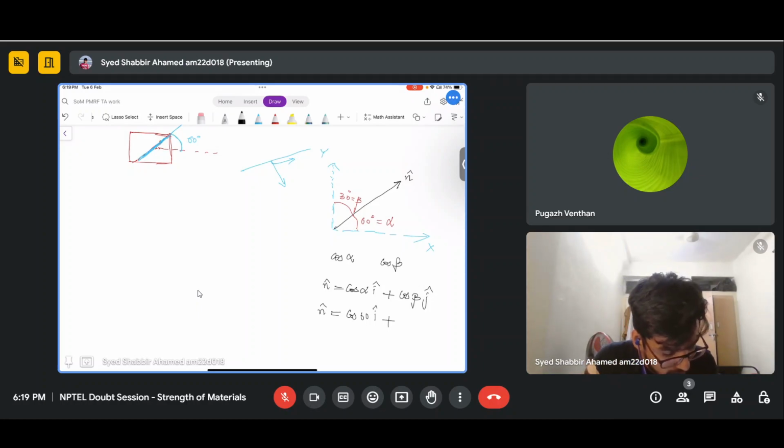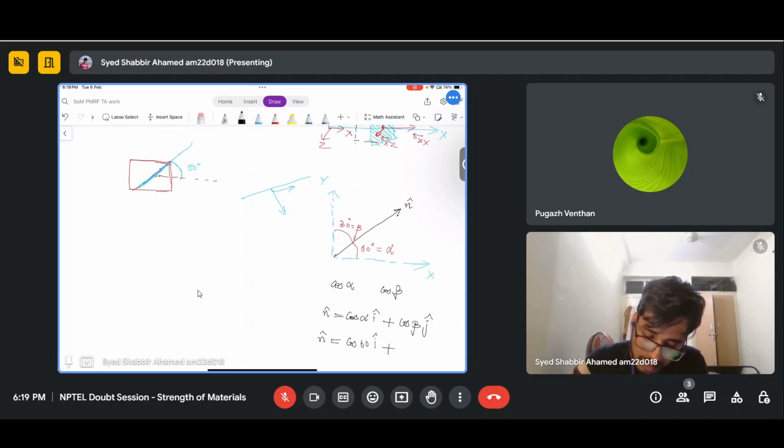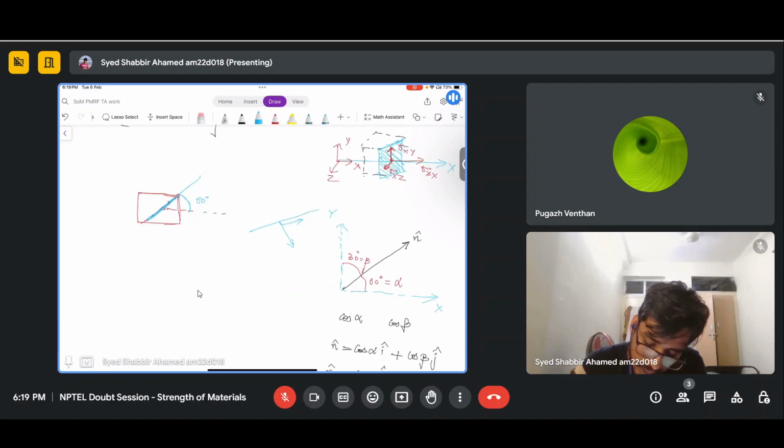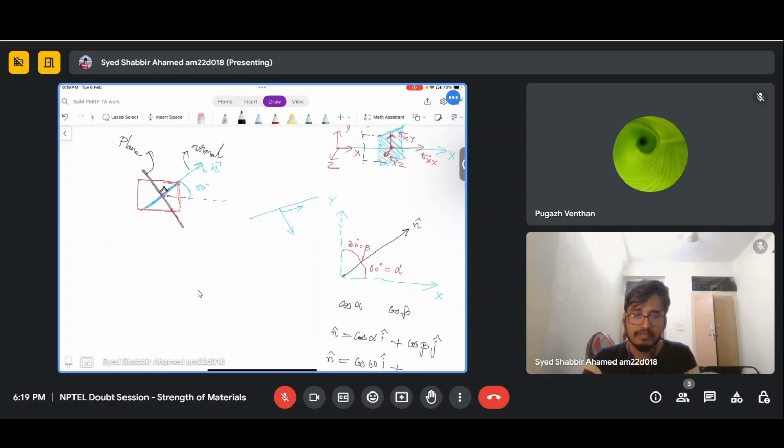This is the normal to the plane, which is at 60 degrees, and this is the plane on which we have to find the stress. Slight correction: this is the plane, and this is the normal to the plane, and the normal is always at an angle of 90 degrees with respect to the plane.